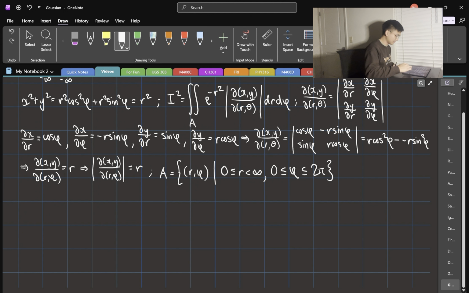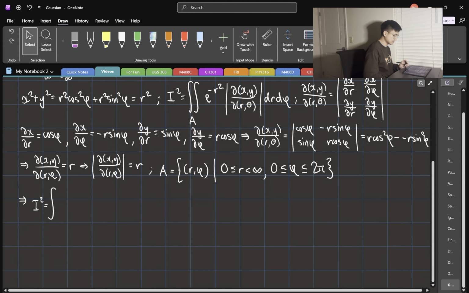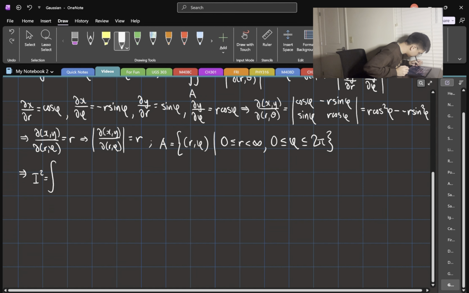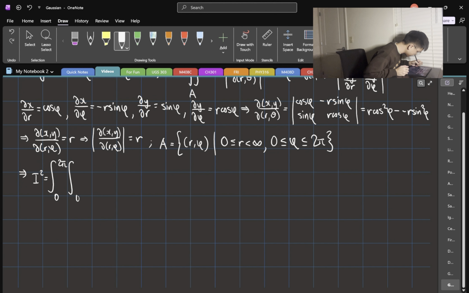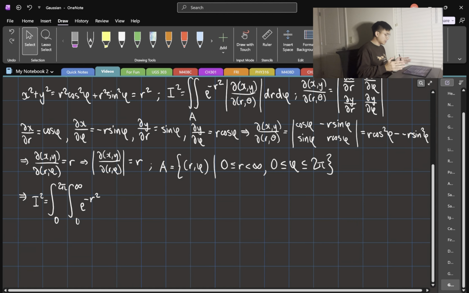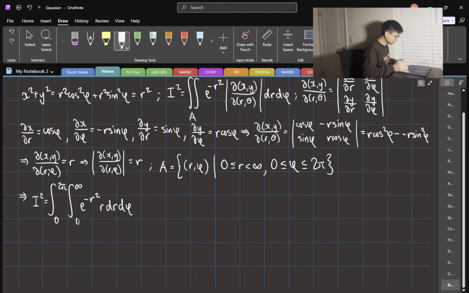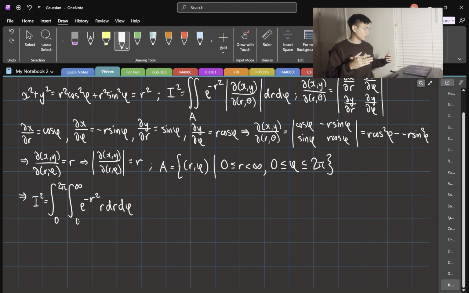If I put that down in my bounds, we're going to have I squared is equal to, first set of bounds is going to be in phi. So double integral, first set of limits 0 to 2 pi, second set of limits 0 to infinity of e to the minus r squared, absolute value of our Jacobian is just r, dr d phi. Now, since our limits of integration here are once again just numbers, we can use Fubini, I think.